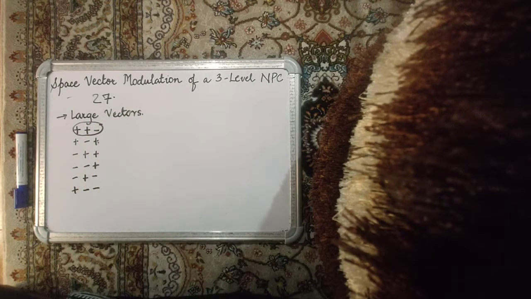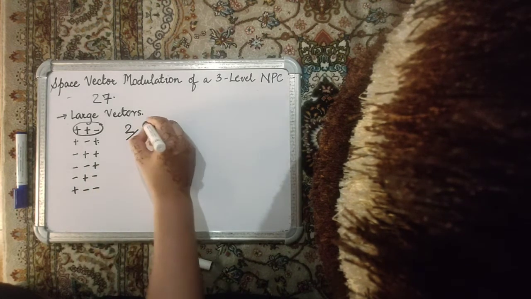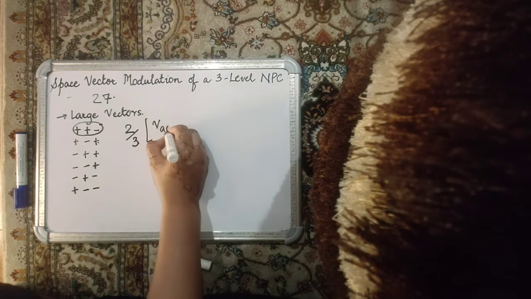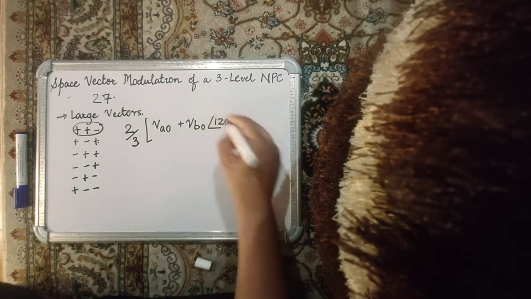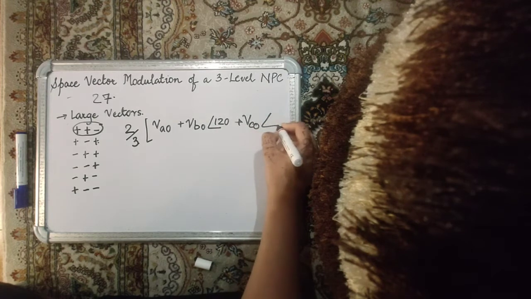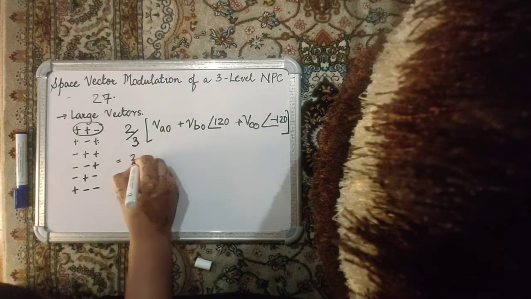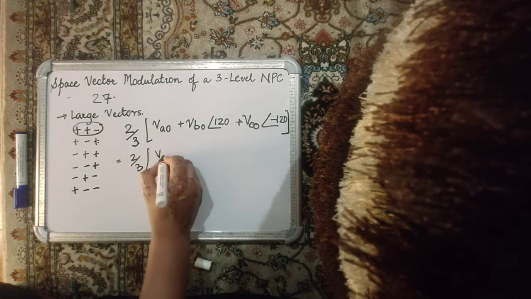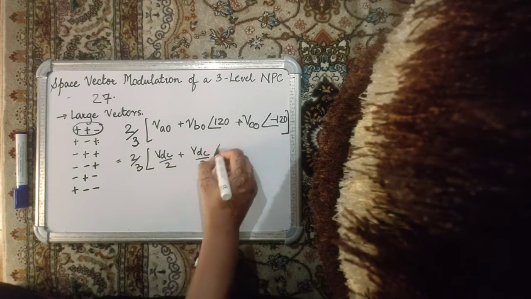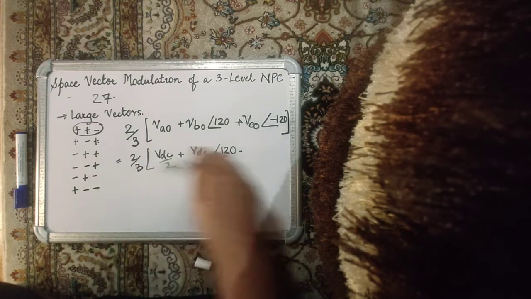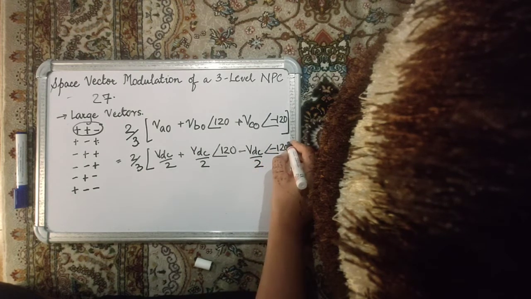If I want to draw the pole voltage space vector, it will be 2 by 3 times the pole voltage in phase A plus the pole voltage in phase B at an angle of 120 degrees plus the pole voltage in phase C at an angle of minus 120 degrees. Now for this particular switching state, VAO will be VDC by 2, VBO will also be VDC by 2 but at an angle of 120 degrees, and VCO will be minus VDC by 2 at an angle of minus 120 degrees.